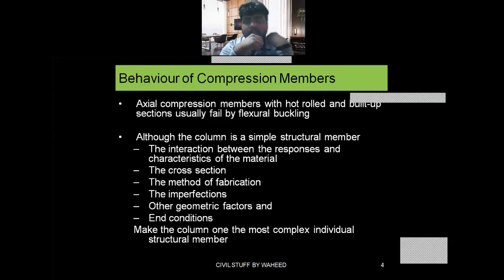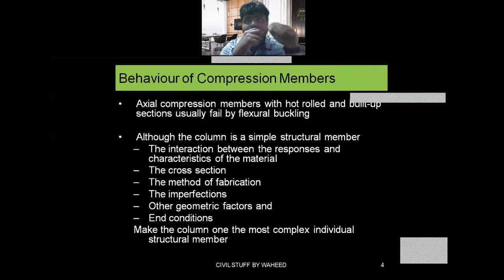Next one, the imperfections. As I said, we consider it as an axially loaded column, but due to its length or loading condition, the loading may go eccentrically, and imperfections may occur due to fabrication problems or some other geometrical factors.